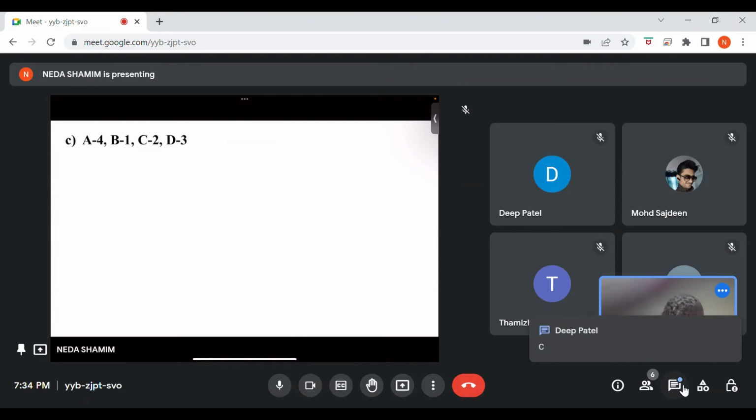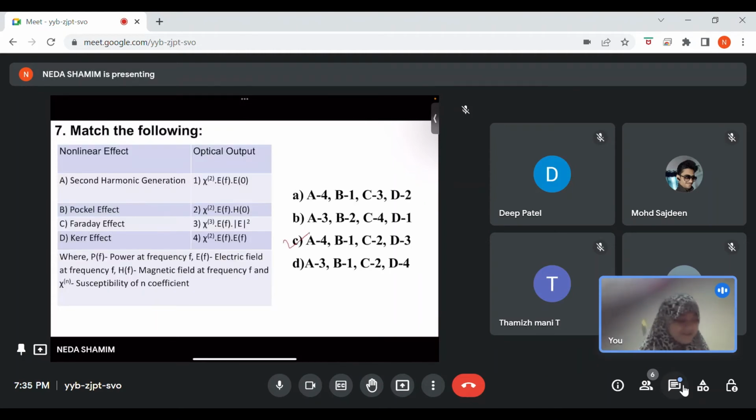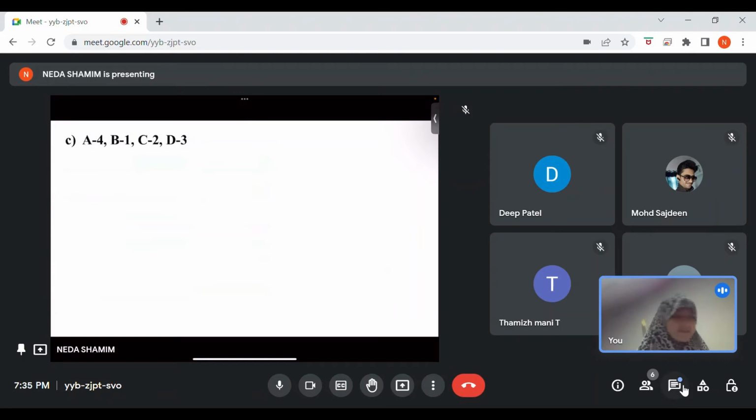Faraday effect, C. Oh, you answered it correctly. Yeah, I have given the answer. C is the answer. So Faraday effect. What is Faraday effect? Causes polarization rotation by a certain angle.